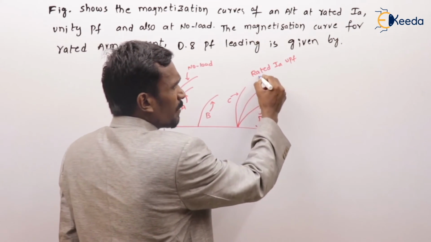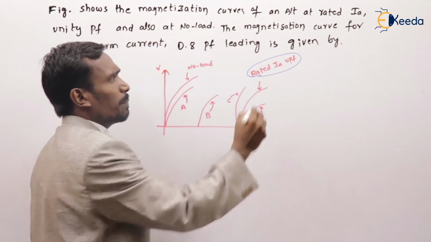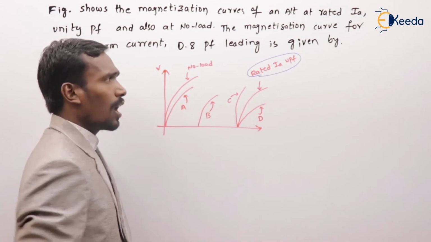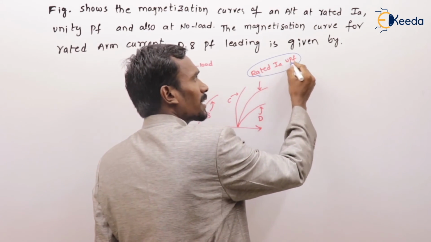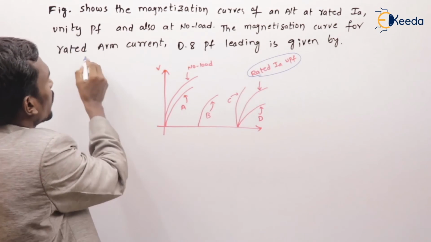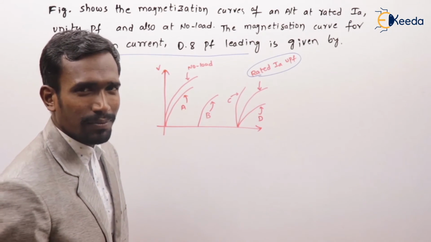Let's see, they have given that this is the rated armature current at unity power factor. This is at no load. And this is at rated armature current unity power factor. But they asked me the question for rated armature current 0.8 power factor leading.